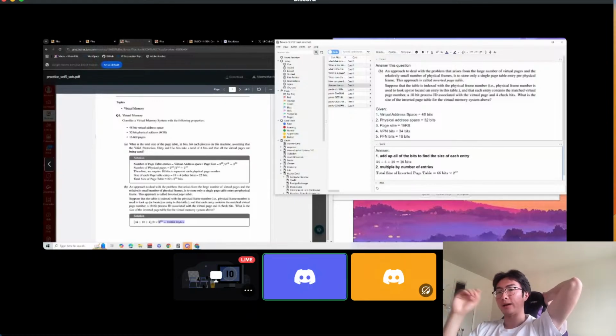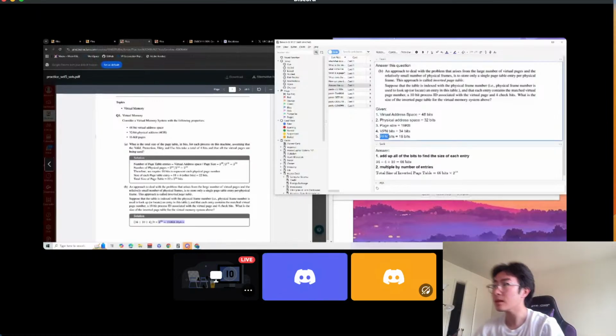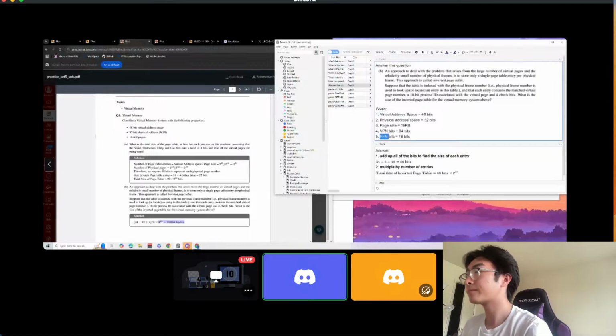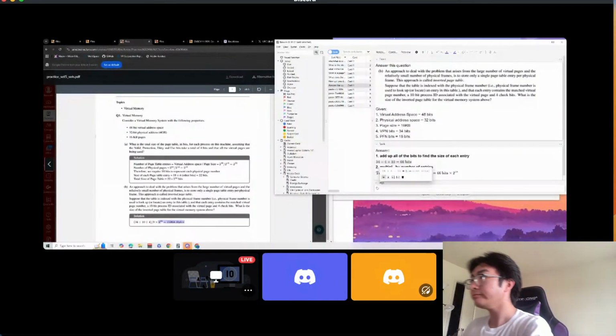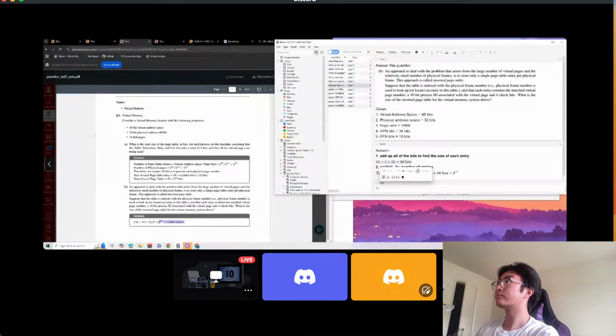I think I added something. I just added the PFN bits when I shouldn't have to this. Okay, so this should give us then 48 bits.